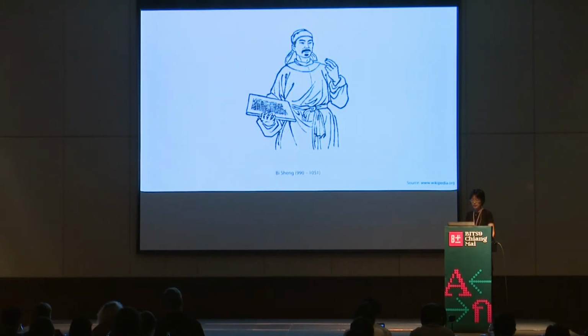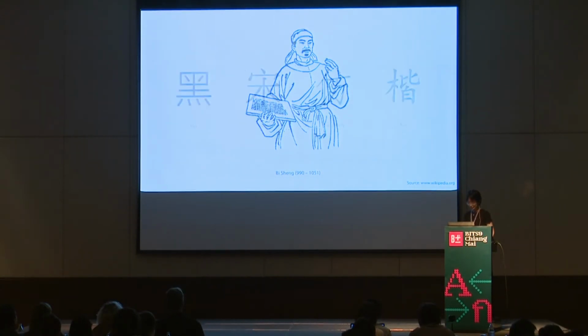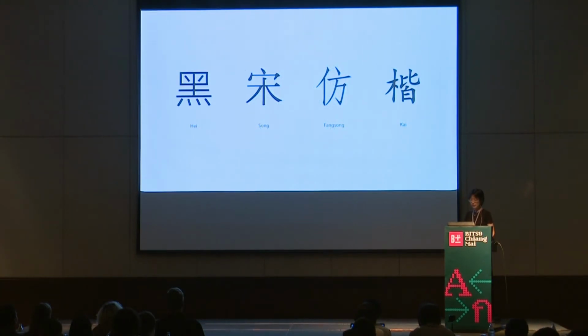Around 1040, during the Northern Song dynasty, Bi Sheng, the man shown in the slides, developed the first movable type system for printing in China. Now, Chinese typefaces can be classified as these four kinds of styles shown in the slides, which are named Heiti, Songti, Fangsongti, and Kaiti.